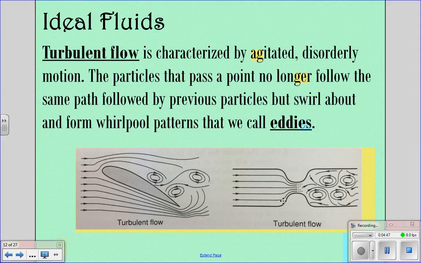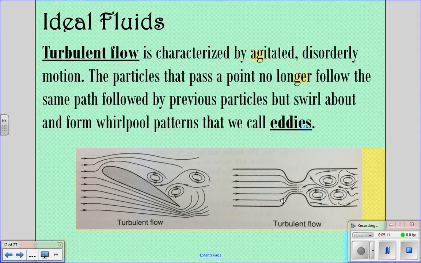Okay? Looking at turbulent flow, it's characterized by agitated, disorderly motion. The particles that pass a point no longer follow the same path followed by previous particles, but swirl about and form whirlpool patterns, what we call eddies. You've probably seen eddies in water before.